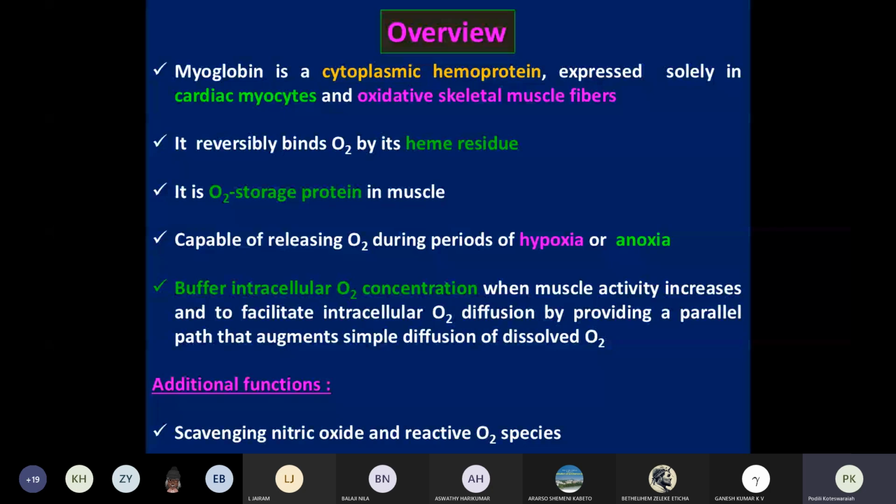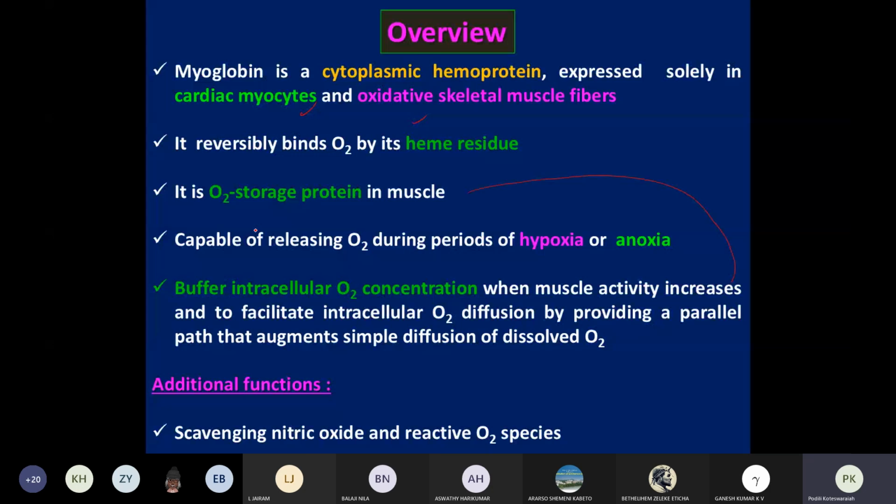This myoglobin is a cytoplasmic heme protein, and it is mainly present in cardiomyocytes and also the oxidative skeletal muscle of vertebrates. Myoglobin is responsible for the characteristic red color of the muscle tissue, and it has three important functions you can see here.